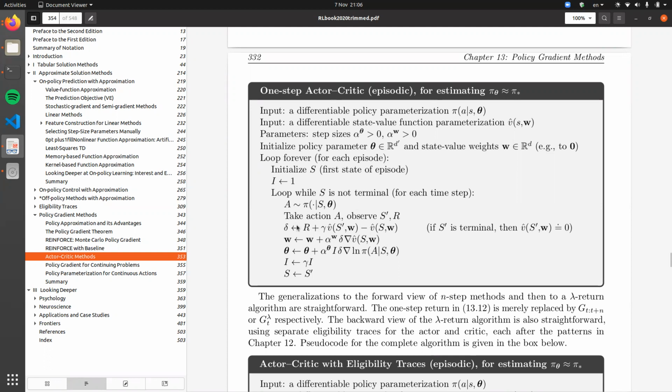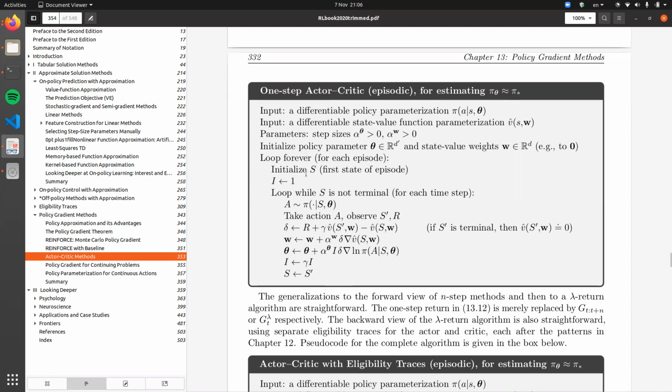We can estimate G as the reward plus gamma multiplied by our value estimate for the next state. That's what was introduced in TD methods, right? So now we will use this to update our theta parameter vector, as well as W, right?